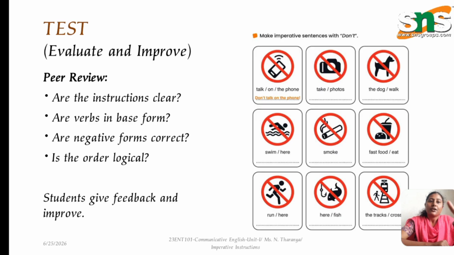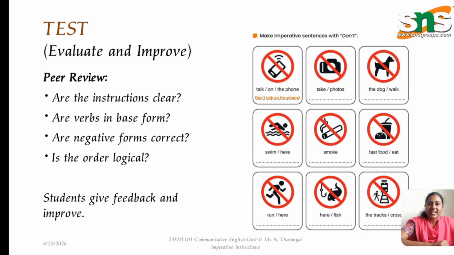The next one is a dog, and it is crossed like this, and we can understand that it means don't walk dogs here. Next, no swimming allowed here, because of the presence of crocodiles in some places, or because of the water's depth, some places are prohibited from swimming.